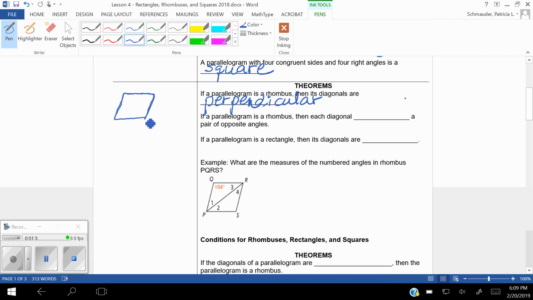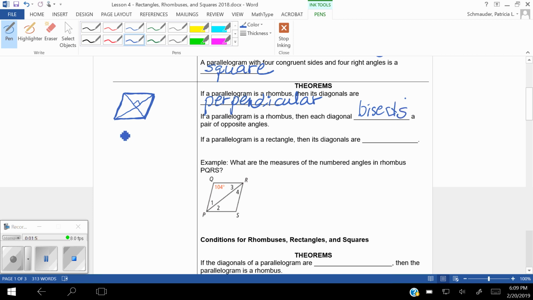It doesn't have to be, because it could be a square, right? But we're going to draw it this way. So there's our rhombus. If this is a rhombus, then when I draw these diagonals in here, they will always be perpendicular. All right, also, if a parallelogram is a rhombus, then each diagonal bisects a pair of opposite angles.